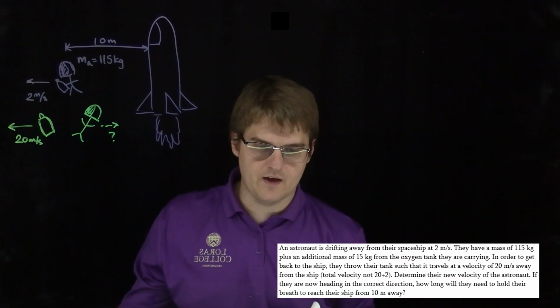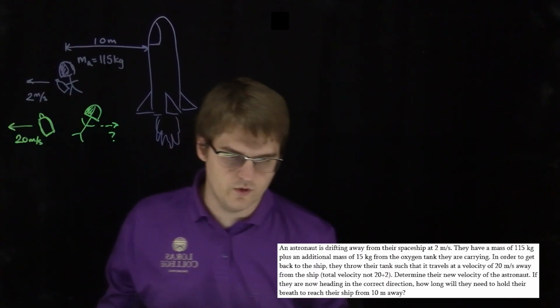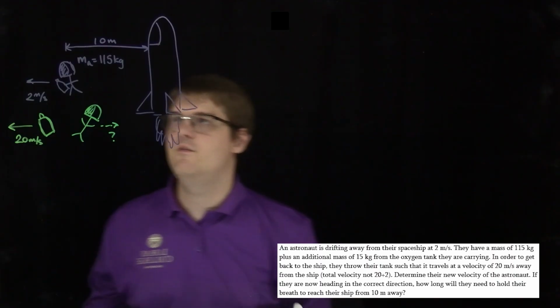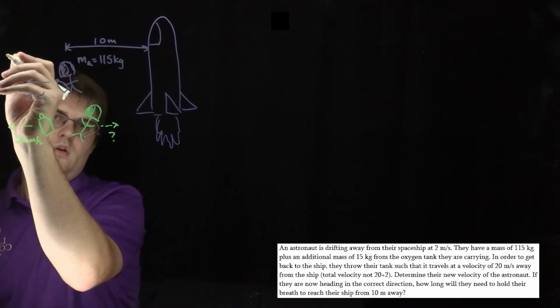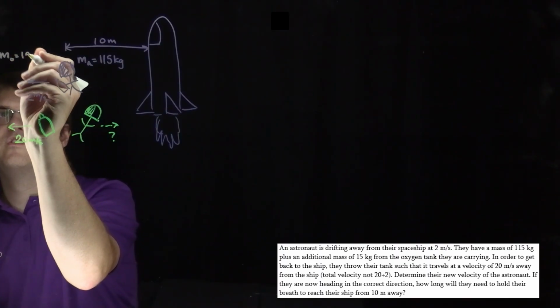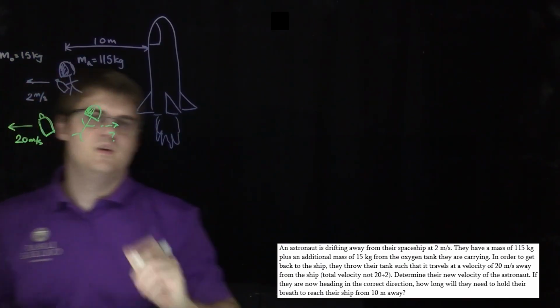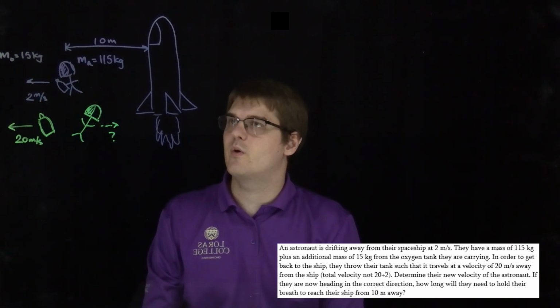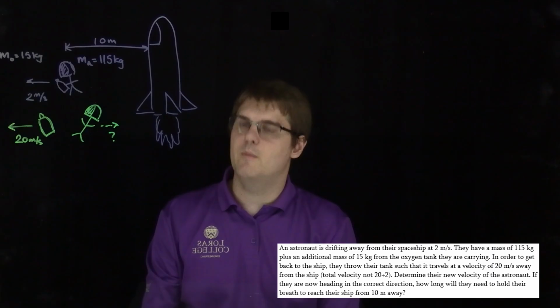And we have the mass of the oxygen tank that he's holding, which has a total of 15 kilograms. And he's hoping that by throwing it in the opposite direction from him, he's going to create some propulsion in order to throw him back.